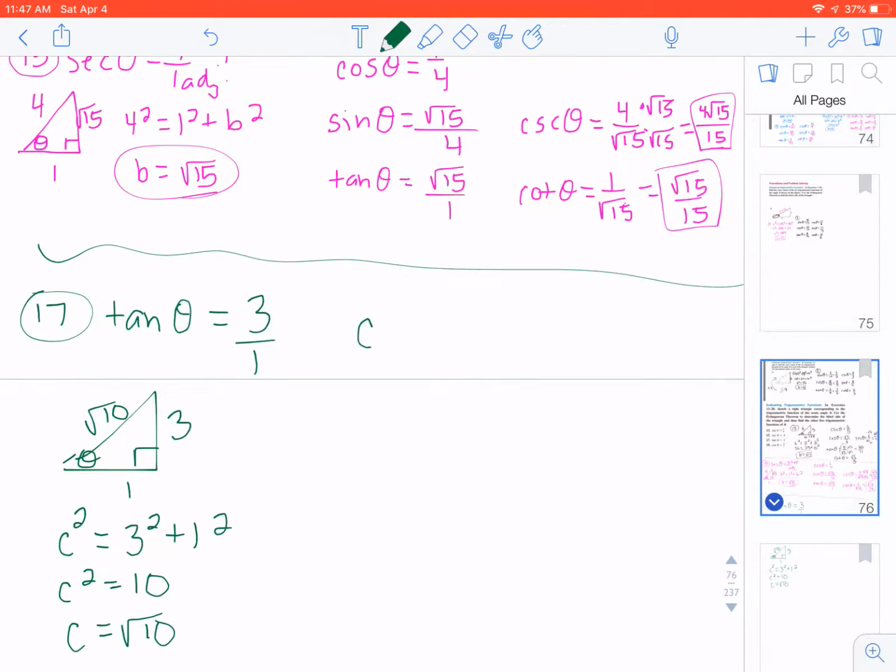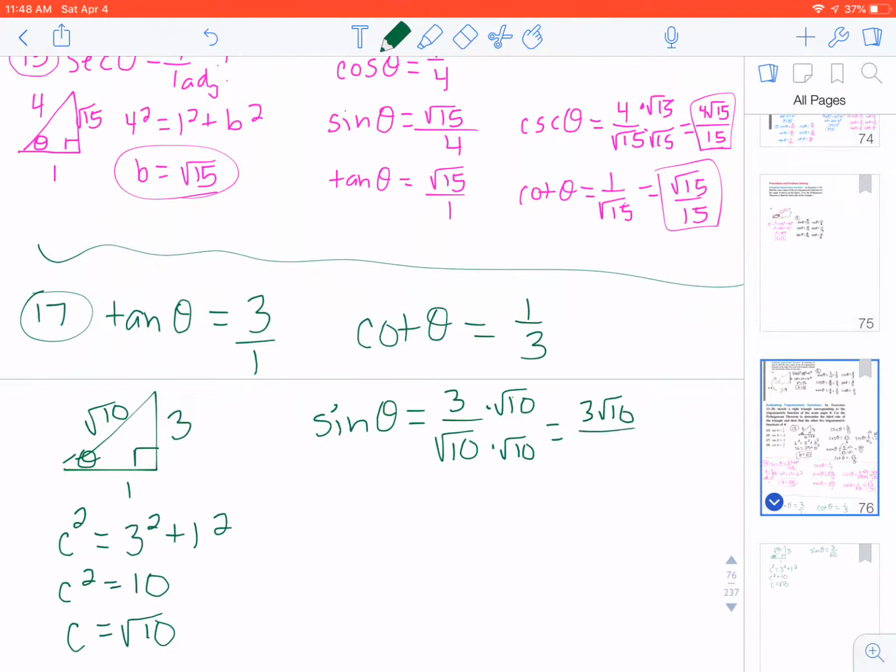Since they gave us tangent, let's just start with cotangent. Easy enough to flip that around. So cotangent theta is 1/3. Let's now find sine theta, which is opposite, which is 3, over hypotenuse, which is square root 10. Multiply the top and bottom by square root 10. So you end up with 3 square root 10 over 10.